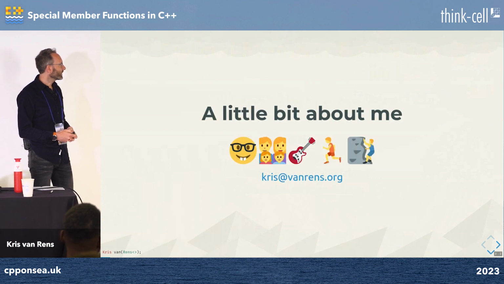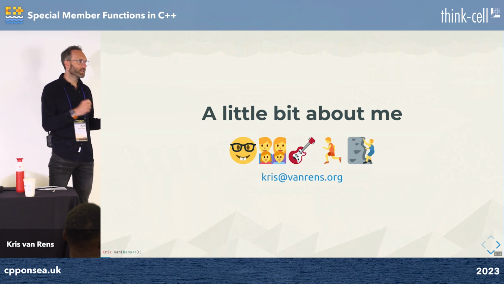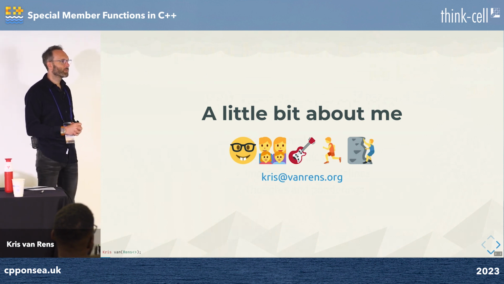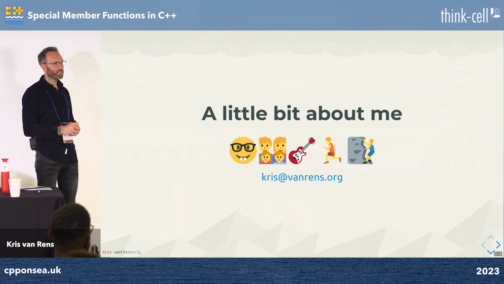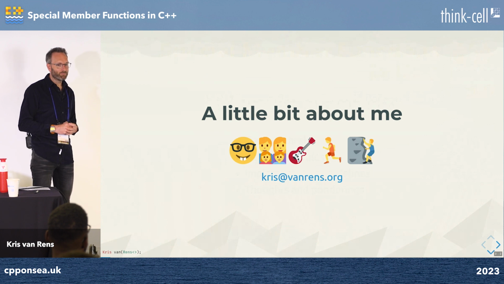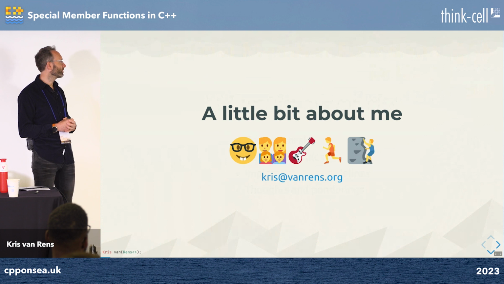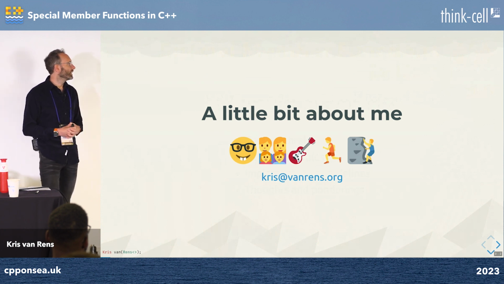Right. Now, a little bit about me. I'm Kris. I work in a computer vision company in Eindhoven in the Netherlands. We make products, embedded systems that take in video and then do traffic analysis on it, things like that. And we make most of our code in C++.